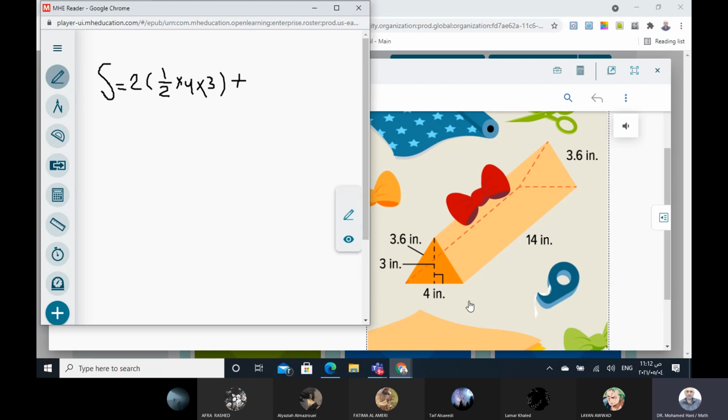Then we have this face here, the side face. The type here is a rectangle, so length times width. The length will be 14 times 3.6, plus we have here the back side, also a rectangle.